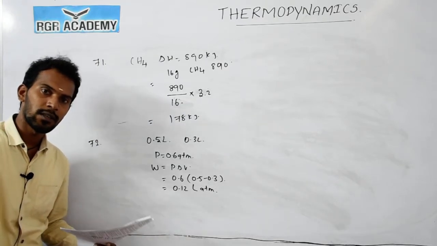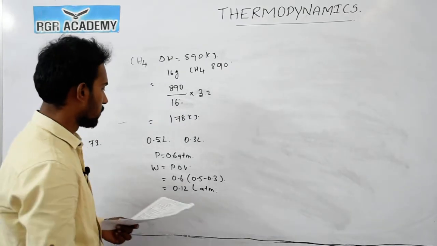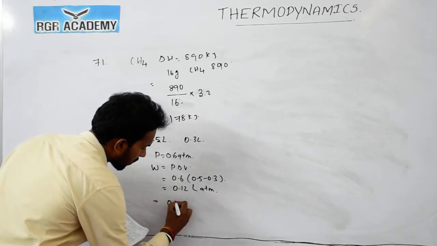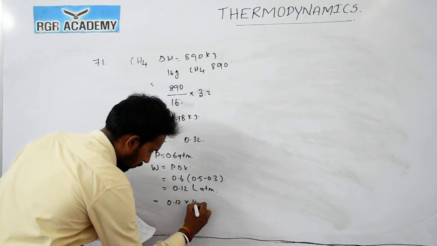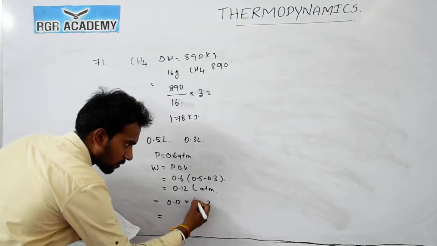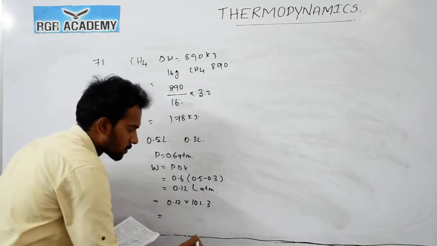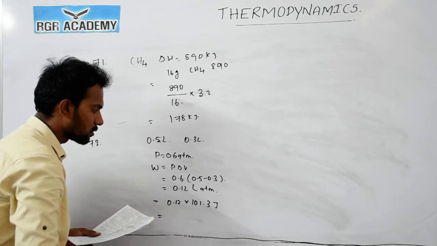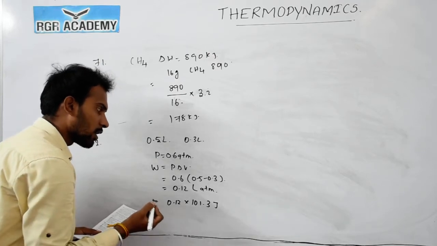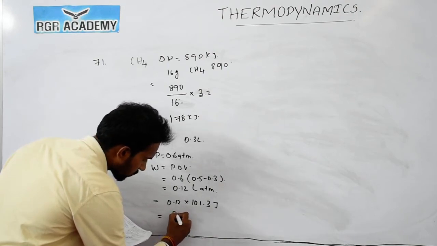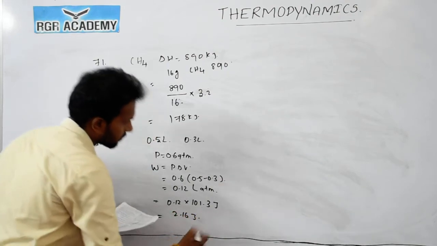So we multiply with 101.3, since 1 liter atmosphere is equal to 101.3 joules. So the value is 12.16 joules.